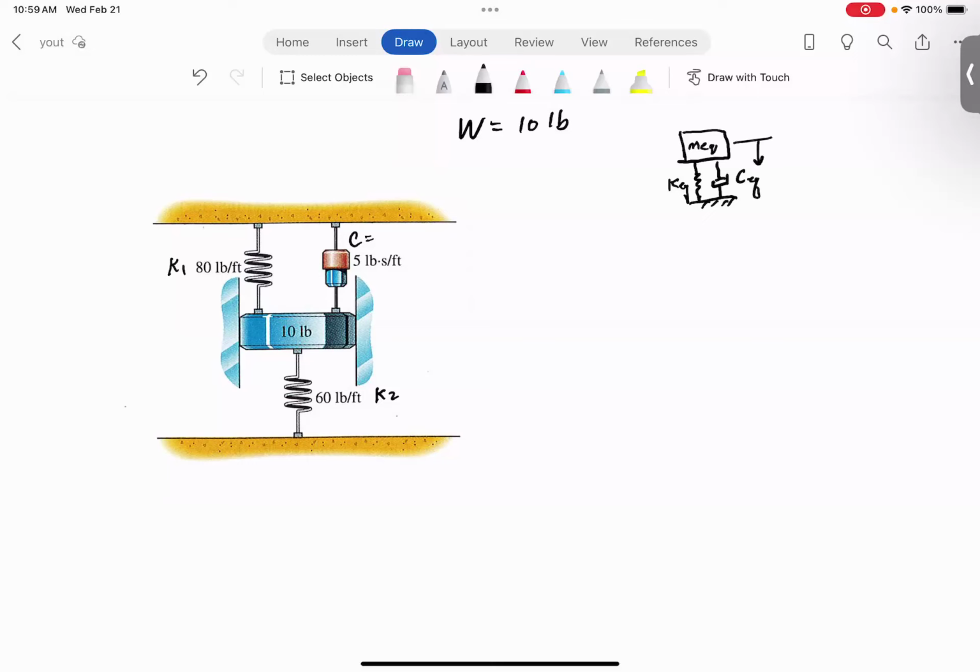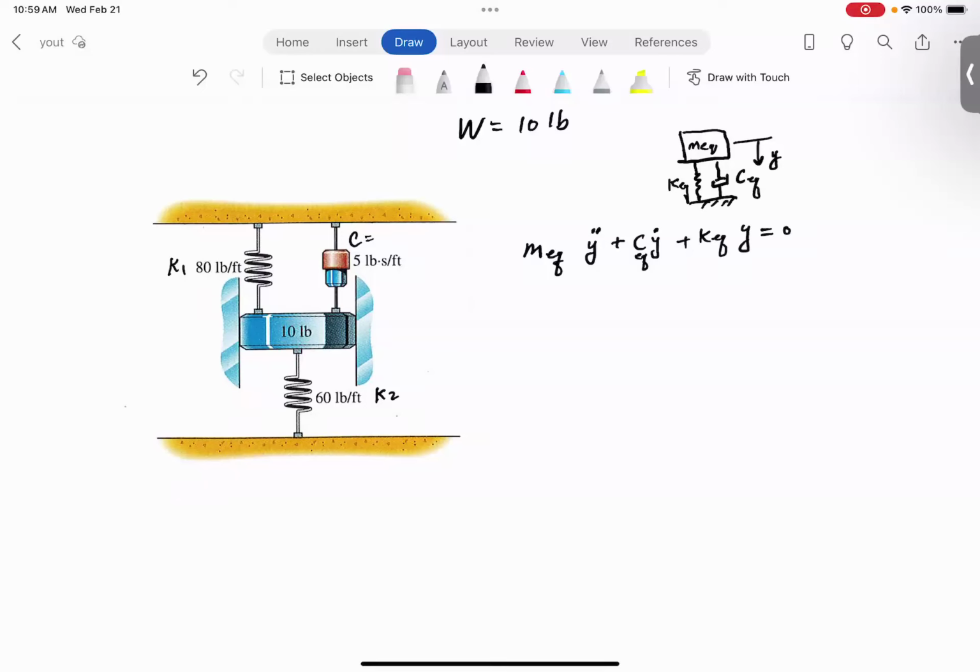If you give it a disturbance of y, either up or down, doesn't matter, the differential equation becomes mass equivalent times y double dot, that's basically mass times acceleration, plus C equivalent y dot plus K equivalent y equals 0.